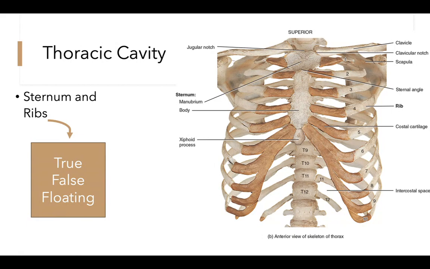So the bone of the rib does not touch the bone of the sternum. So we have this costal cartilage. This is hyaline cartilage. Costal, we got to remember, just a word association: costal is going to be with the thoracic cavity.